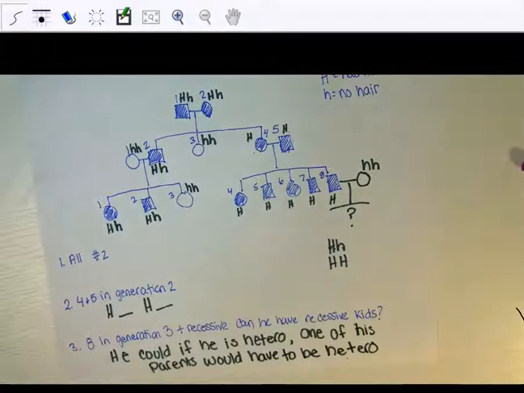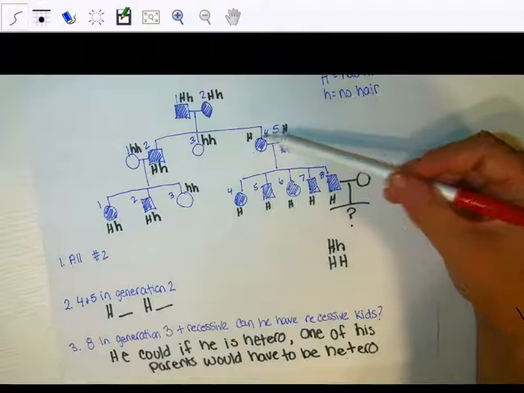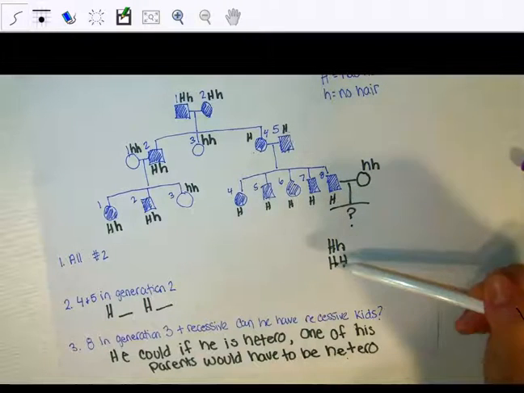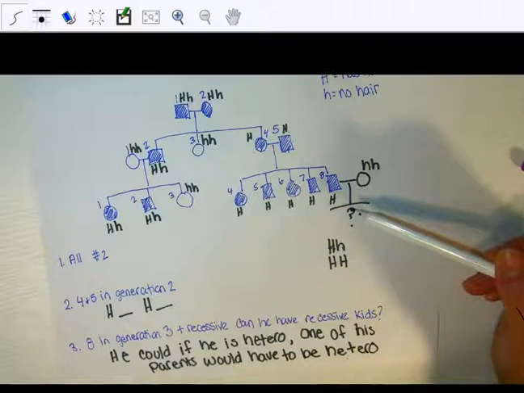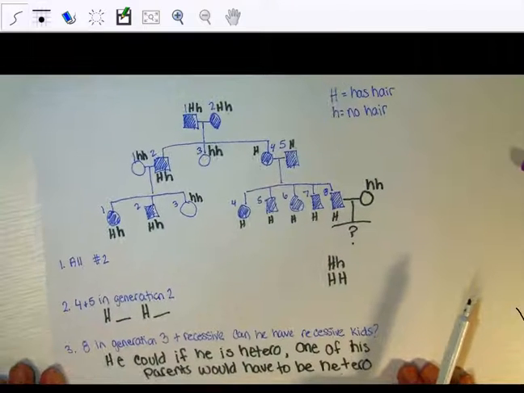So if both of his parents are homozygous, there is no way that he would have a recessive looking kid. If both of his parents are big H, then he has to be big H, and he couldn't have a child who has a little h from him. So this is what I want you guys to be thinking about when you do this type of question.